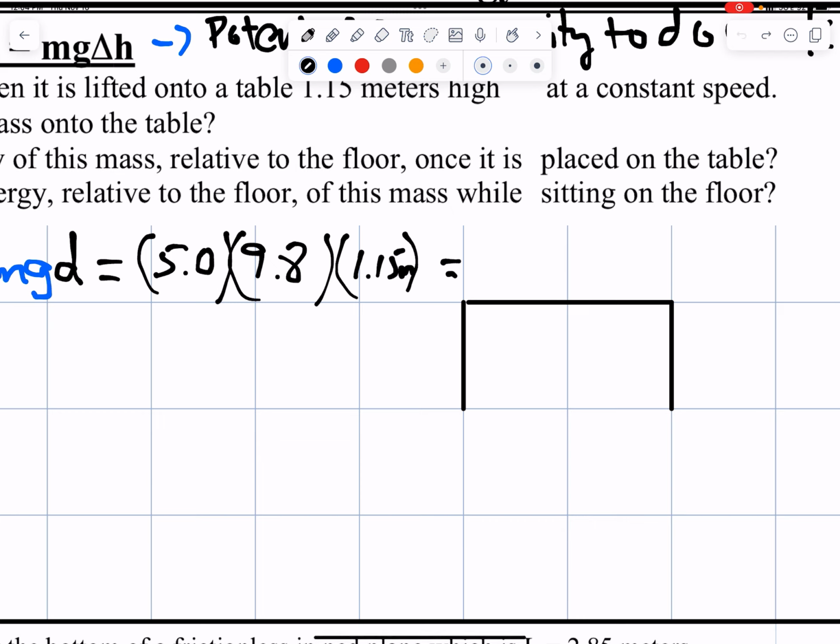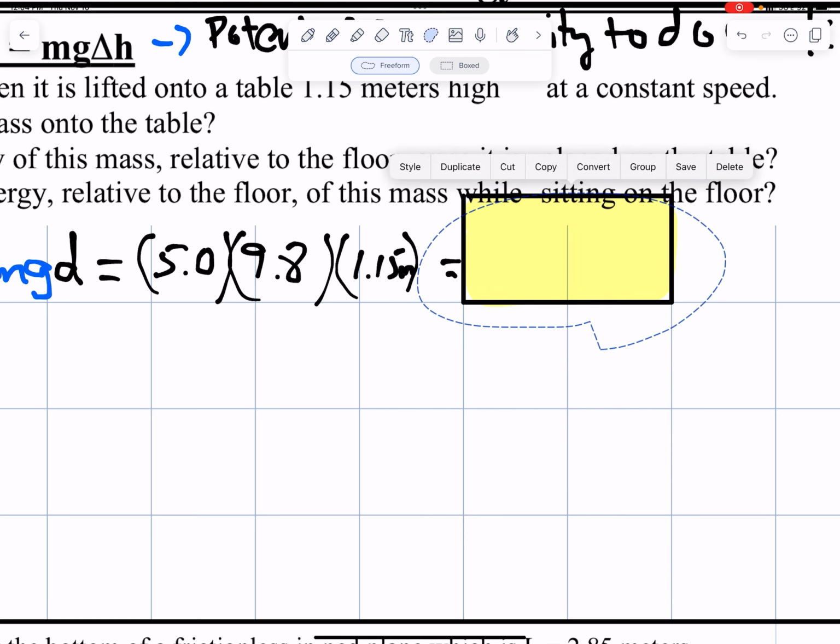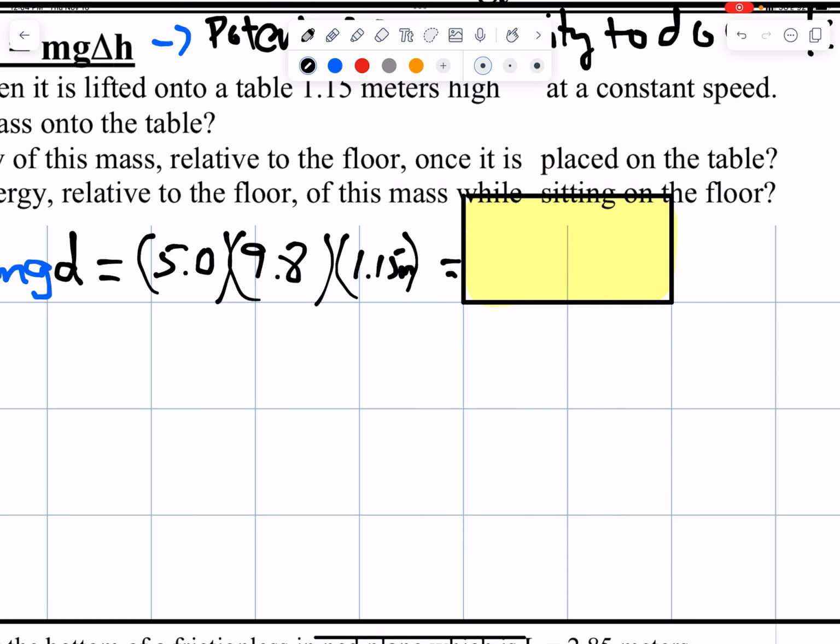Sorry, I like having an answer box to organize my work. There we go. Okay, take a second to put this in your calculator. You're going to go 5 times 9.8 times 1.15. And if you do that right, you should get about 56.4 joules.